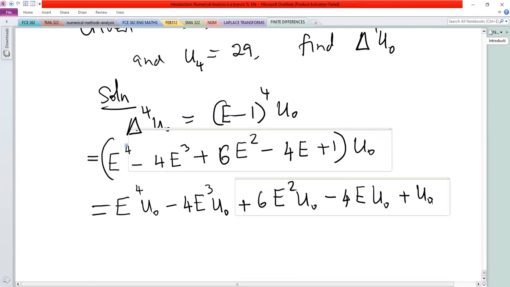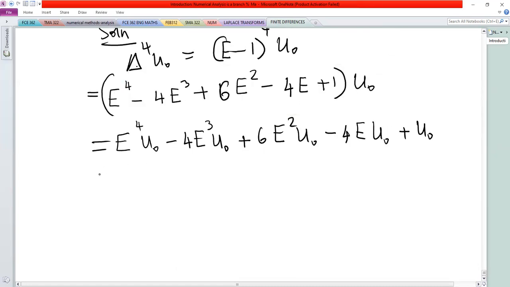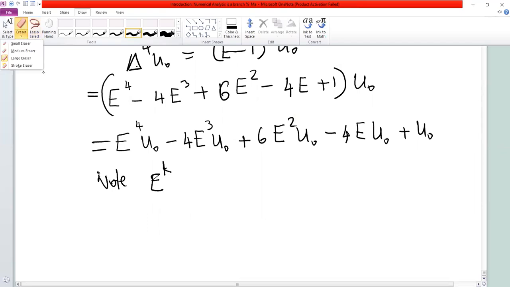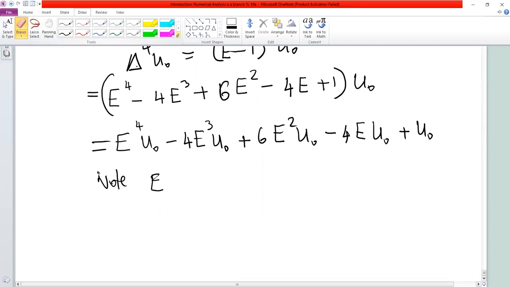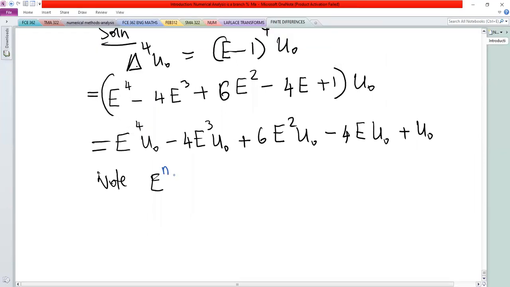And you see, we know that, note that E raised power n of f of x is given by f of x plus nh, which is the same thing as saying E raised power n f sub k is given by f sub k plus n.